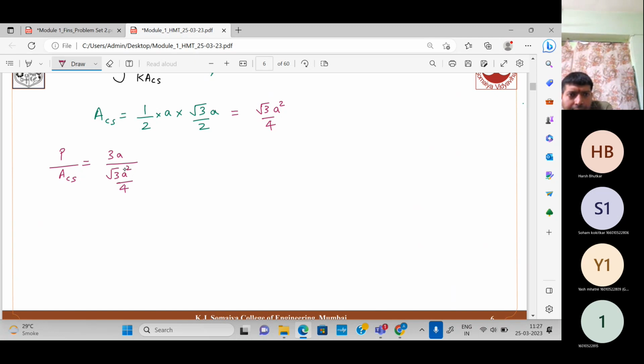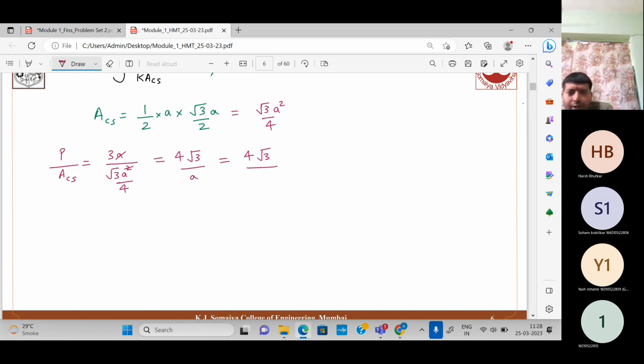So a will cancel out, and 4 can be written as root 3 into root 3, so one root 3 will cancel. So it will be equal to 4 root 3 divided by a.